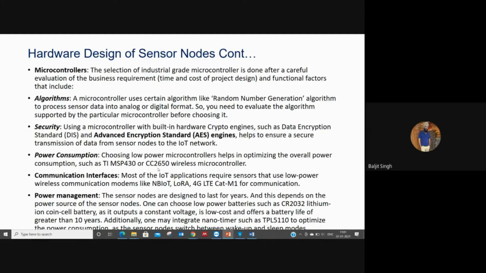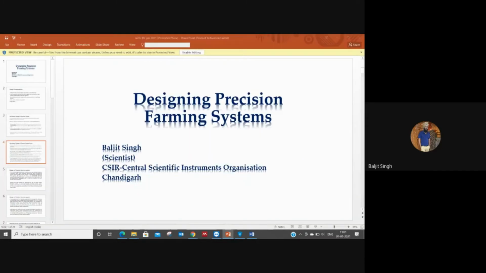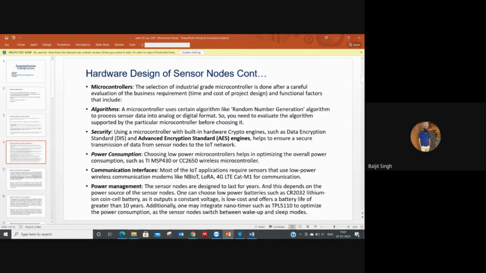Additionally, one may integrate nano timers such as TPL5110 to optimize the power consumption, as the sensor nodes switch between wake up and sleep modes. So in these nano timers, only the timer part will work whenever the sensors are not in use. We don't need to capture the data, then all the sensors will go to the sleep mode.